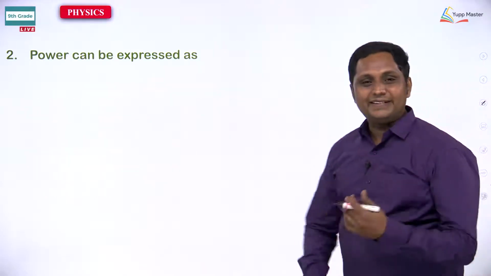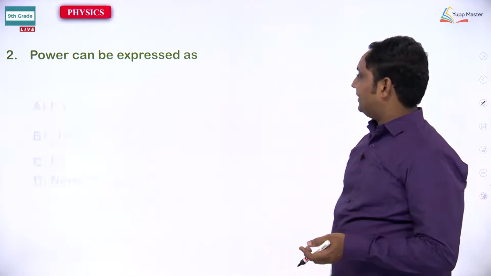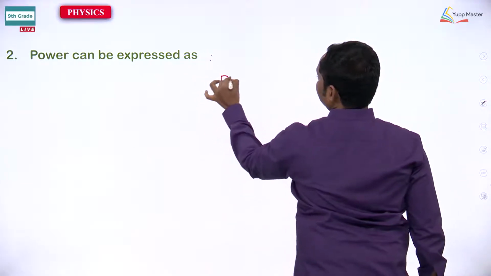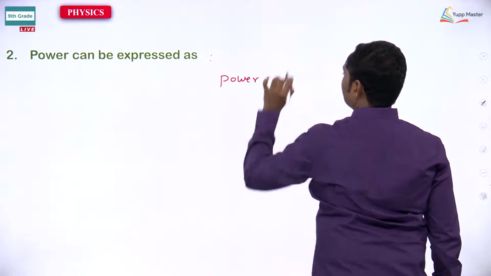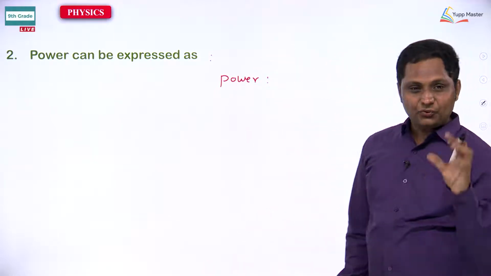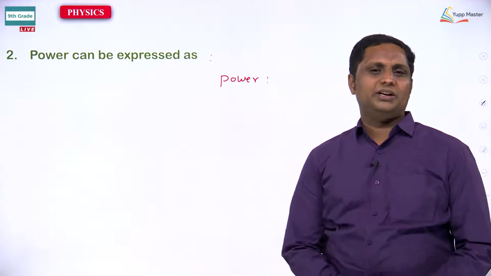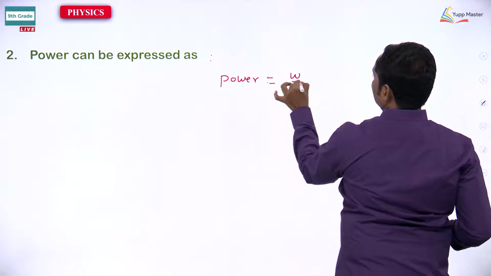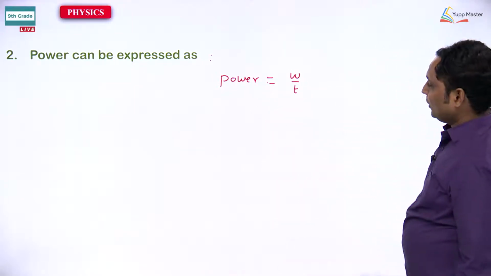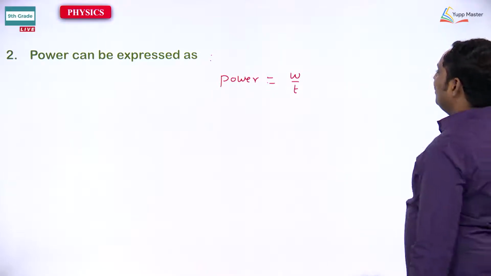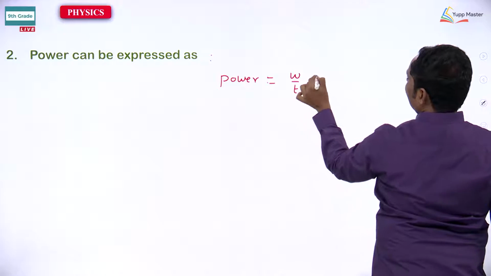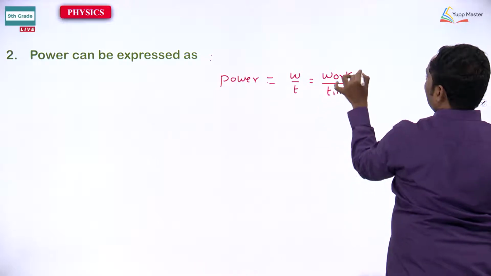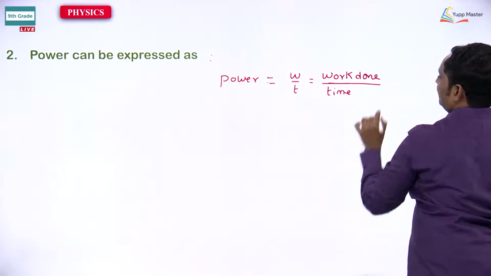Power can be expressed as, it is very clear. Okay, let us see. If you take power, the rate of doing work, just we are going to talk about that power, it is very clear, W by T. Now you are going to get work done by time.